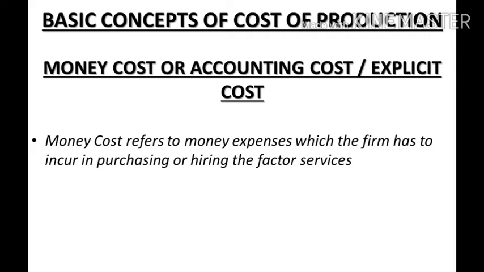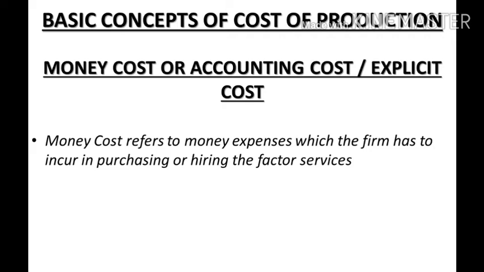When the same expenses, the actual money expenses made by the firm, are recorded in these accounting books, the concept is known as accounting cost or business cost. In a definite term, we can say the accounting books of the firm record these actual money expenses made on the factors of production as the cost of production. So this concept of cost is known as accounting cost or business cost.